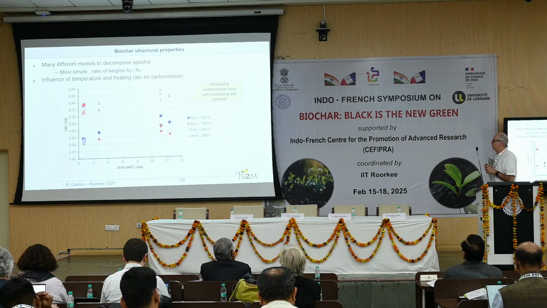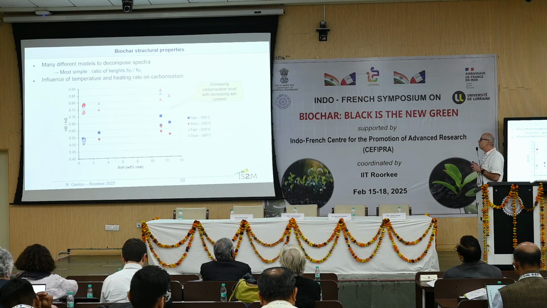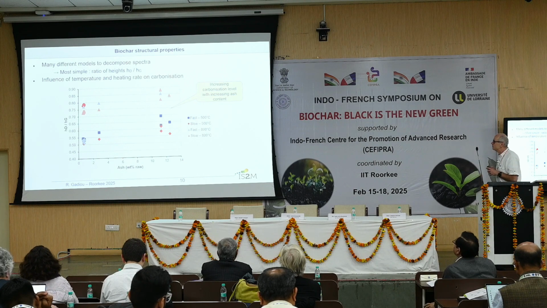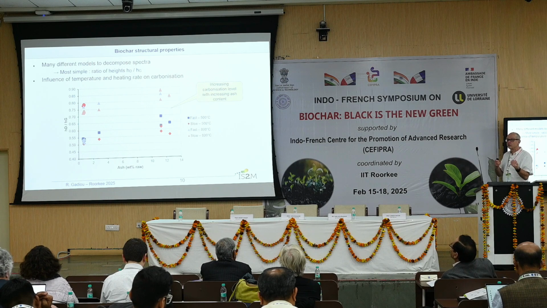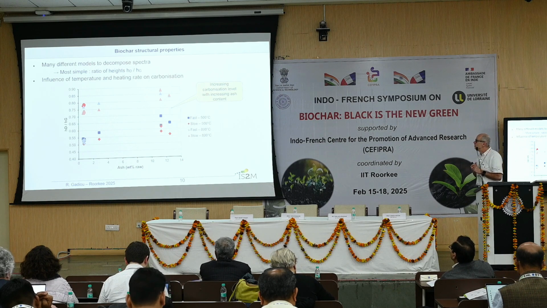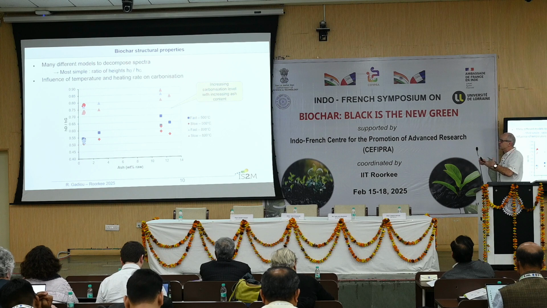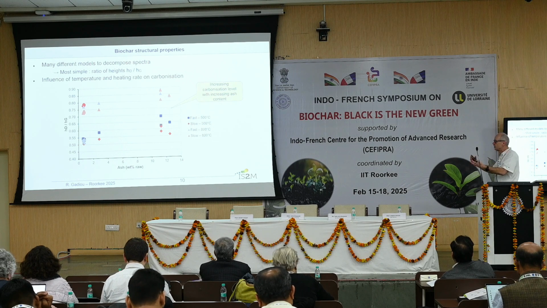We see that, of course, if we increase temperature, we increase the ratio of D to G. The D peak shows that we have more and more graphene layers which have some defect. So it's really strongly related to carbonization, which is logical.